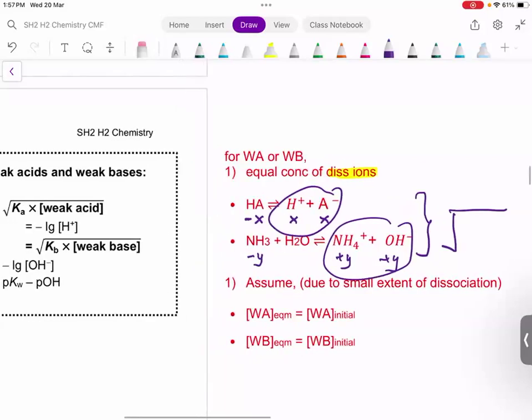In this expression, due to the small extent of dissociation, we make such an assumption to simplify the calculation. There are two things: you can use a square root and you can do this approximation.